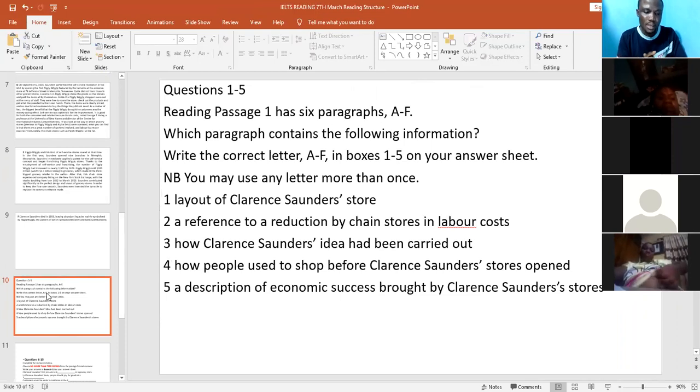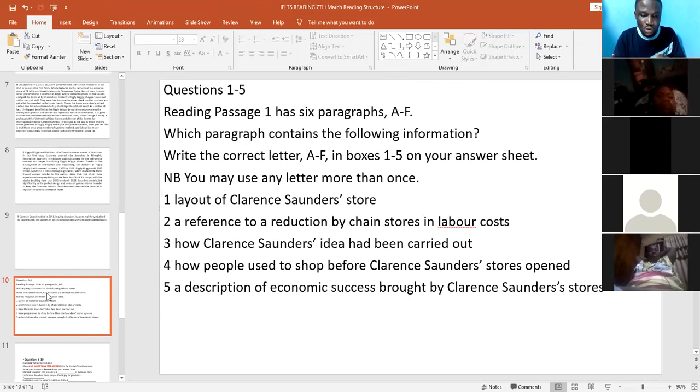Look at this. This is question 1, layout of Clarence Saunders' store. Was there anything in reference to that? Absolutely no, because they didn't give you a layout of a store. What they gave you in paragraph 1 was how the American store was generally. The boy walked in a store, discovered a problem, and proposed a solution.